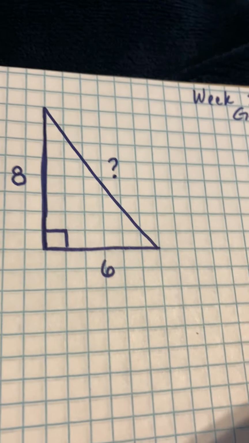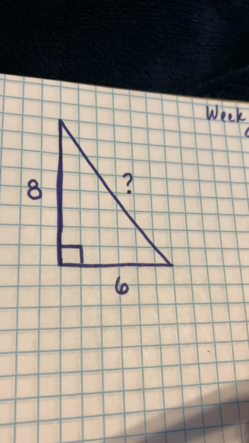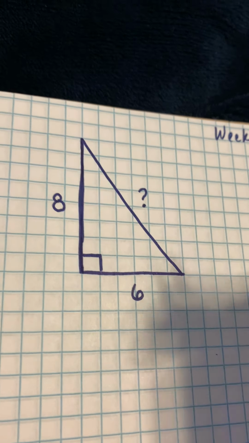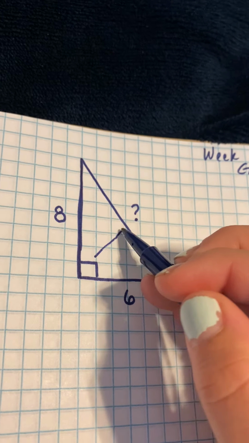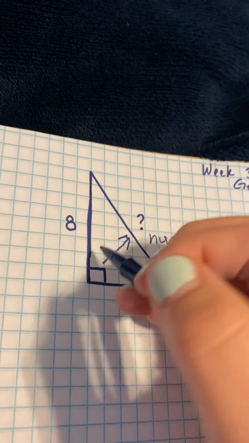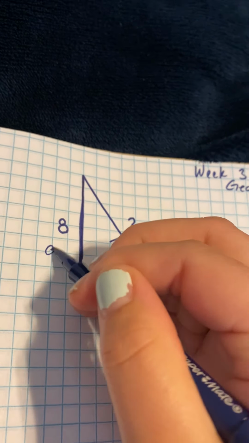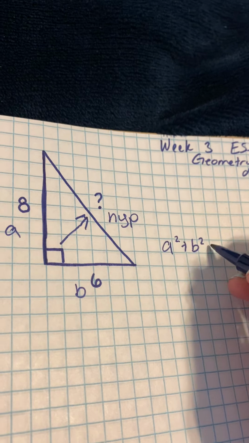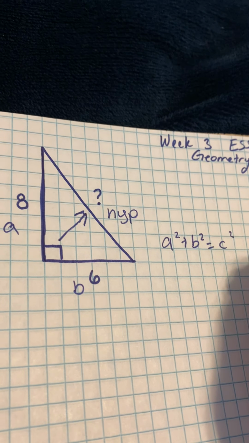Last week we talked about how to solve a right triangle for a missing side. We know that across from the right angle is called the hypotenuse. The other two sides were a and b, and we can use the Pythagorean theorem, a squared plus b squared equals c squared.